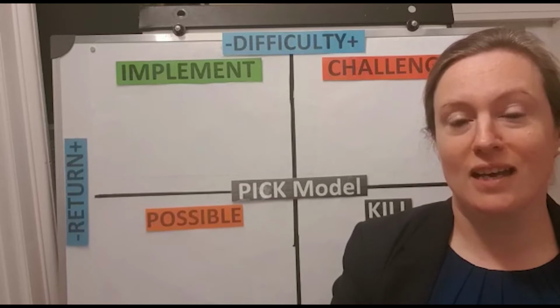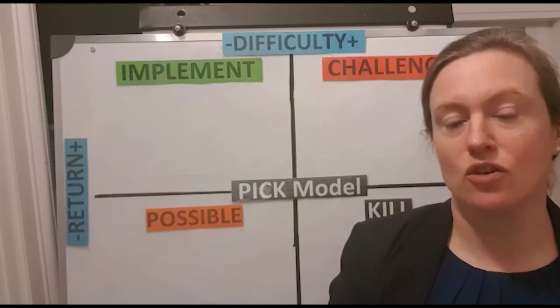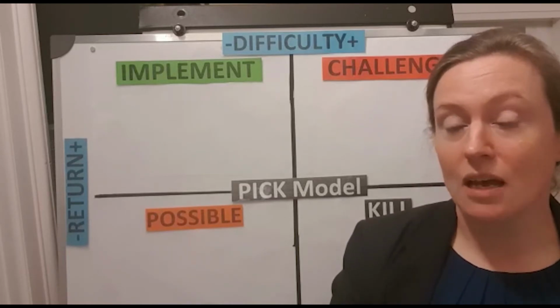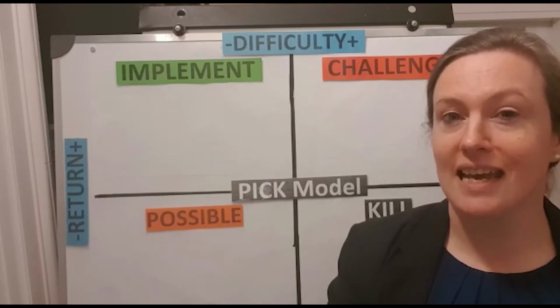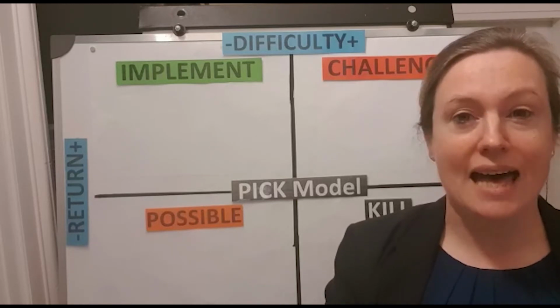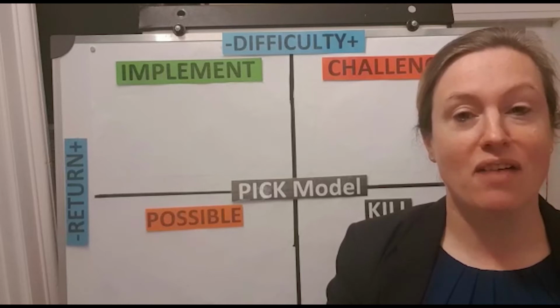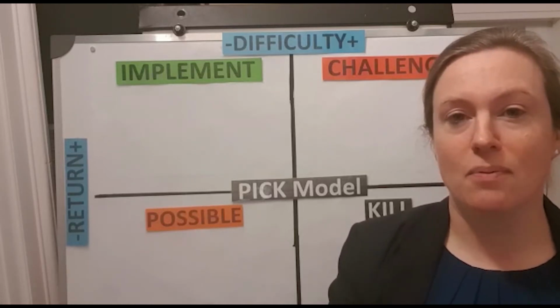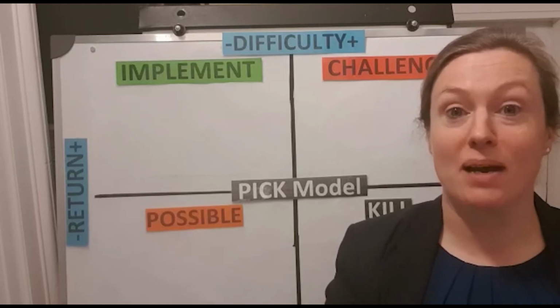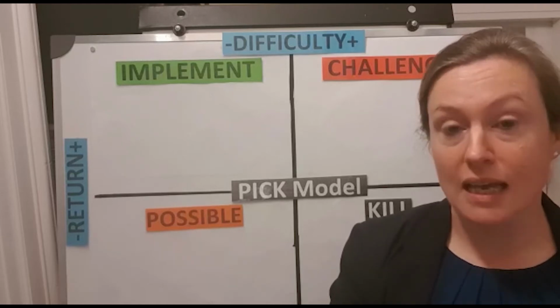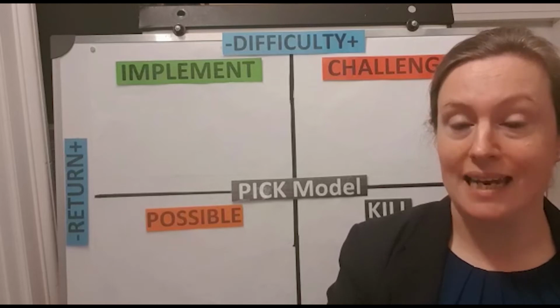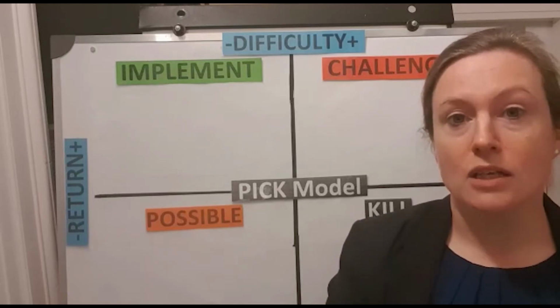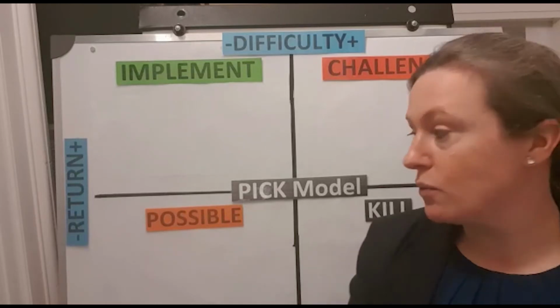You might be looking at something that looks really juicy and has a good return, but when you sit down and think about it, actually the level of difficulty diminishes that return and also potentially runs the risk of hemorrhaging lots of resources. So it's very important that you're not just distracted by the big return potential, but you're thinking about the difficulty of obtaining that return as well. So when we put the 2 axes together, we get our 4 quadrants.